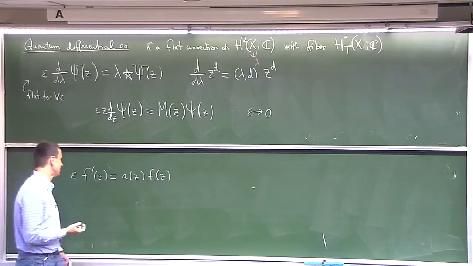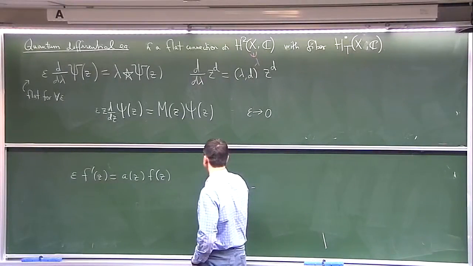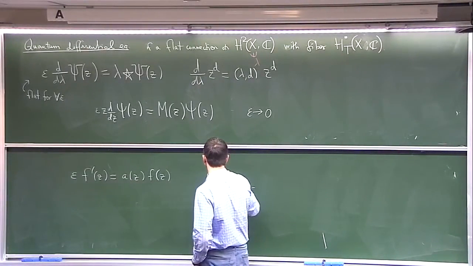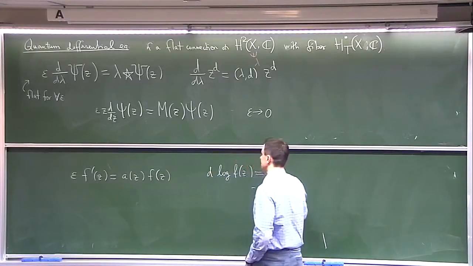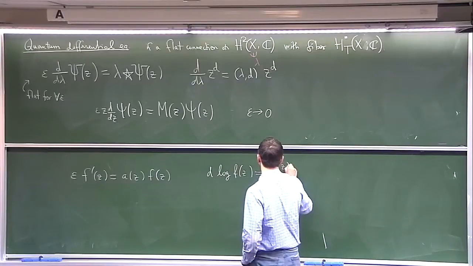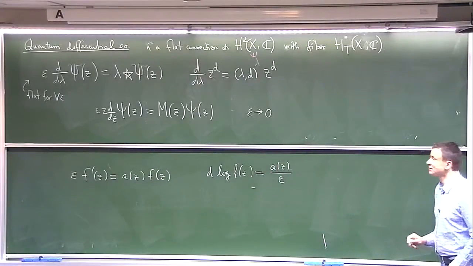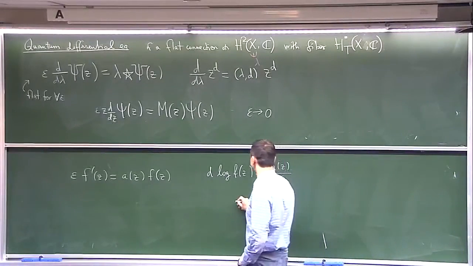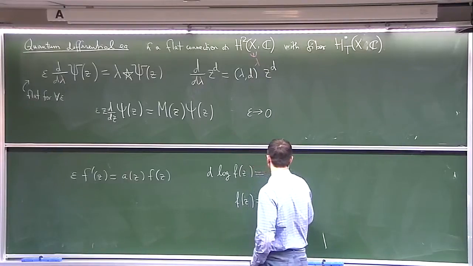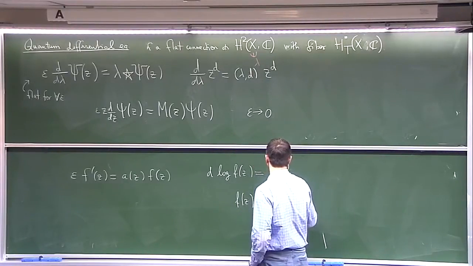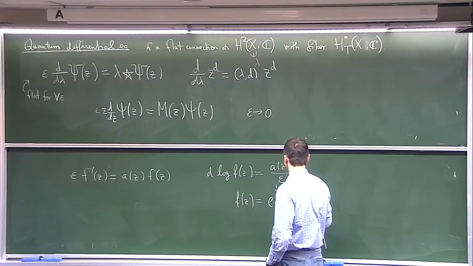This says d log f of z is equal to a of z divided by epsilon. And so f of z is of the form exponential of 1 over epsilon times the integral of, let me call a of z the eigenvalue.